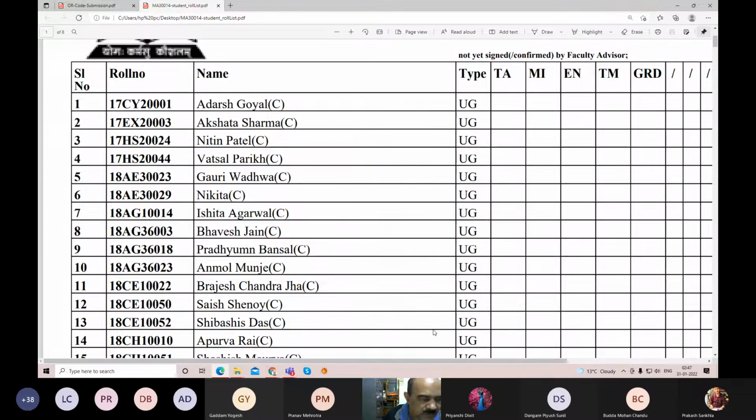See here. Are you able to see the roll list? Yes, sir. 1, 2, 3, 4, 5: Adarsh Goyal, Akshat Sharma, Nitin Patel, B. Parik, Gauri. Out of these 5 students, anybody there?